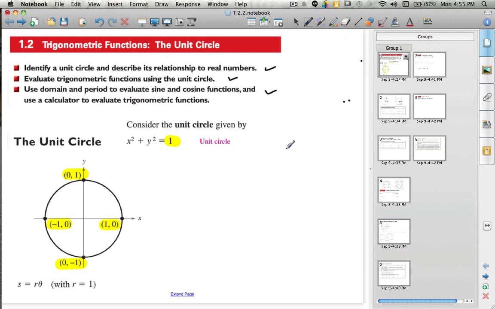And we know that the length of our arc will be the size of the radius times the measurement of theta in radians. So if theta is 1 radian and the radius is 1, then the arc length will also be 1, the same as the radius. Hopefully that all makes sense to you guys.